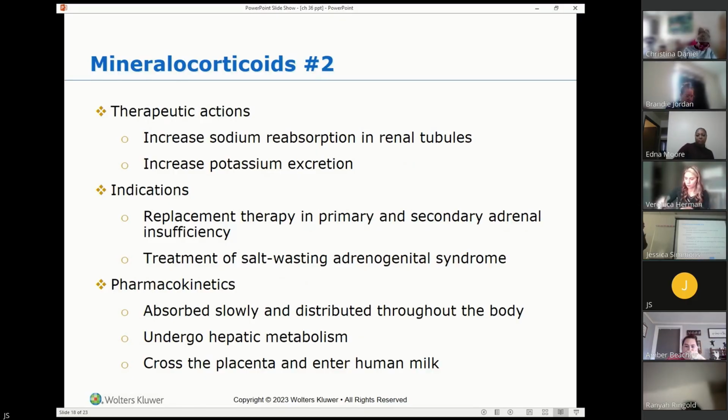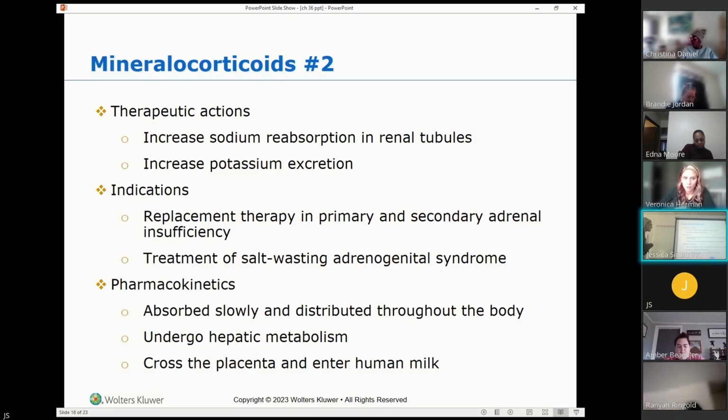If we have adrenal insufficiency, which disease is that? Addison's. We can use our mineralocorticoids to treat Addison's disease. We can use cortisone, prednisone, and prednisolone in the replacement therapy of primary and secondary adrenal insufficiency, which is Addison's disease.